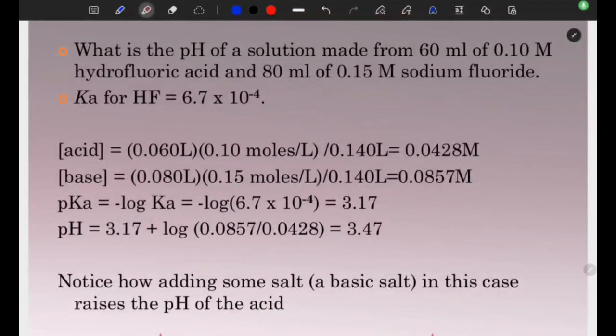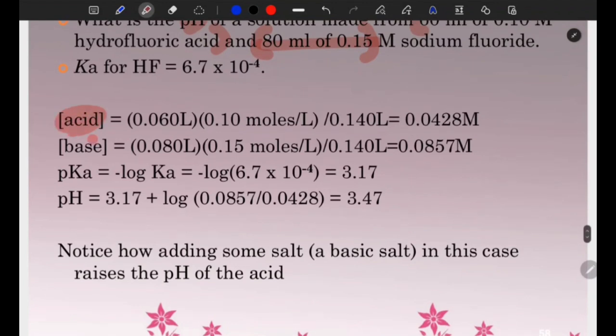Based on this question, we want to find the pH of our buffer solution. So first things first, we have to calculate the concentration of our acid and also the concentration of our base. So this is the concentration of our acid. We simply divide our moles by our total volume.